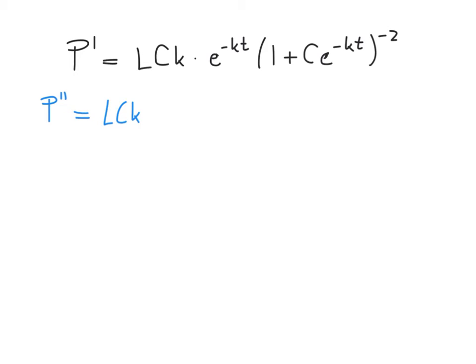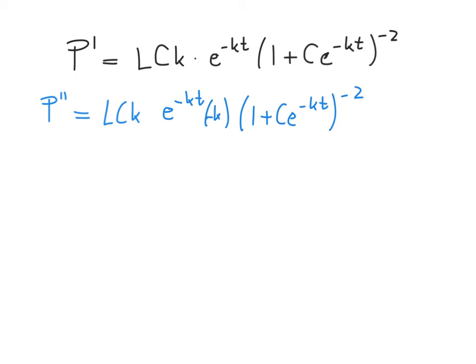So let's take the derivative of this one here, multiply it with this. So that would be e to the minus kt times minus k. That's the derivative. And then we multiply it by the remaining function, (1 plus c e to the minus kt) to the minus 2.